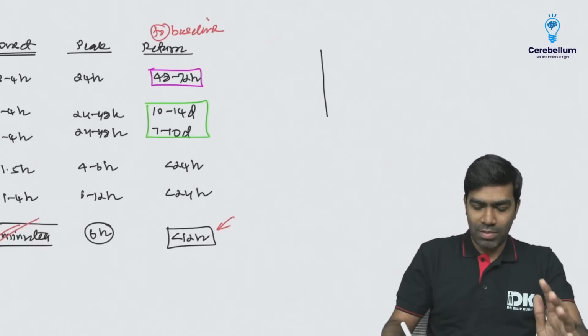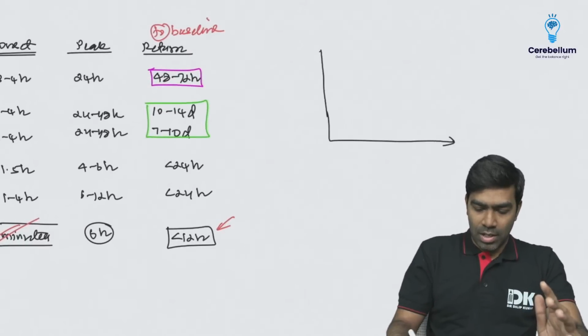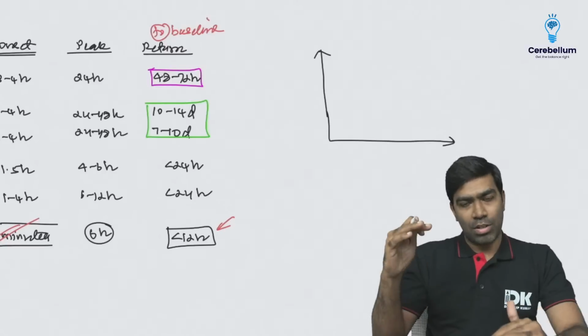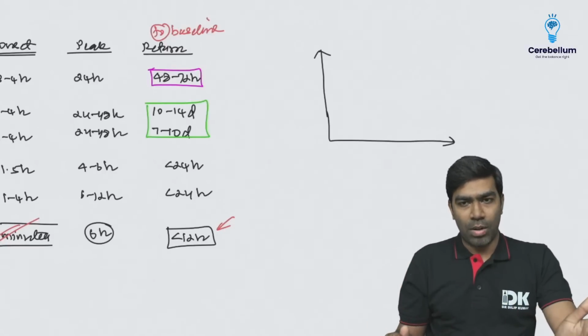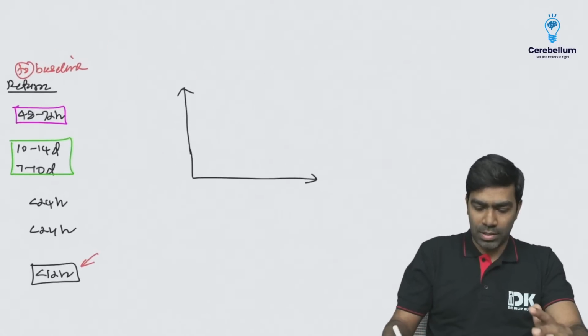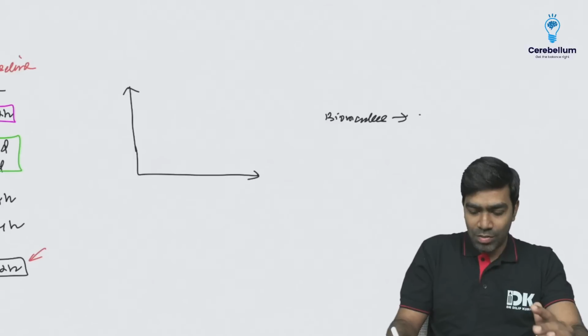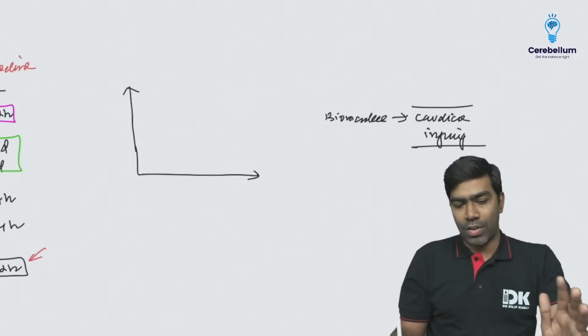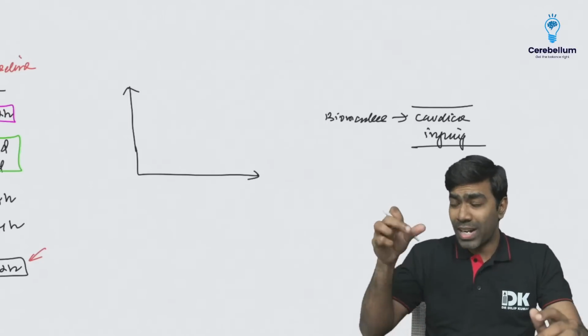So what will be the rate of rise of cardiac biomarkers and what will be the rate of fall in a patient with any myocardial injury? So why do we use biomarkers? Remember, biomarkers are basically markers of cardiac injury. So we are not talking about ACS, or myocarditis, or any specific disease.